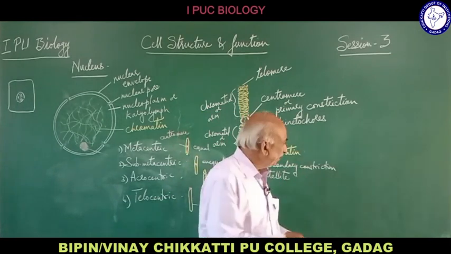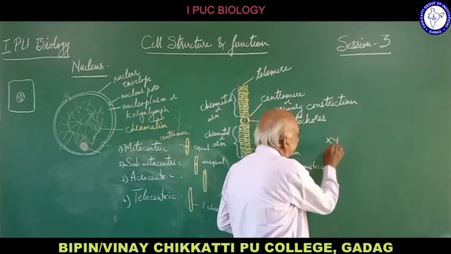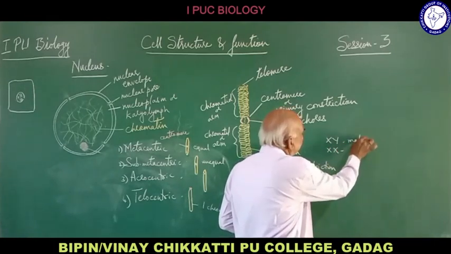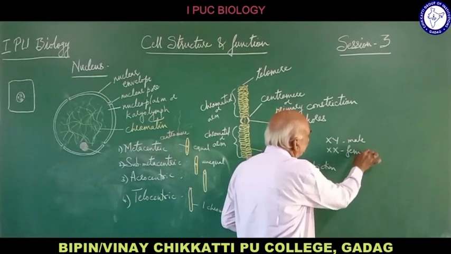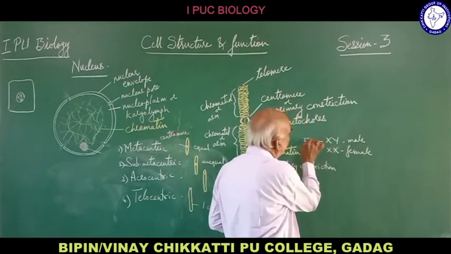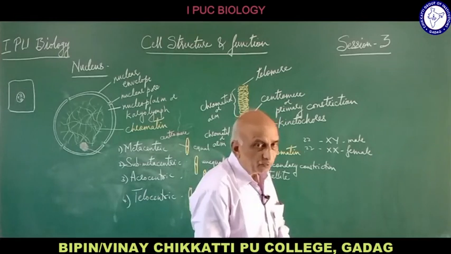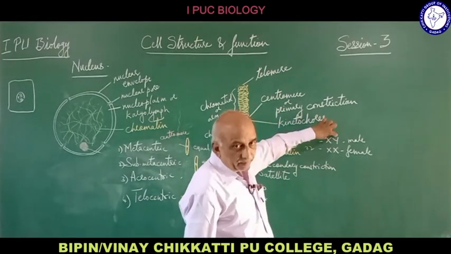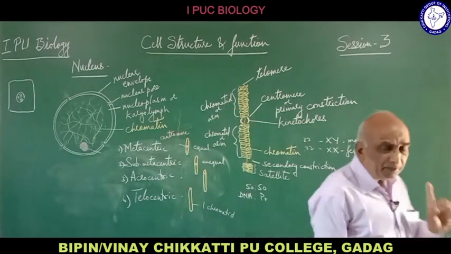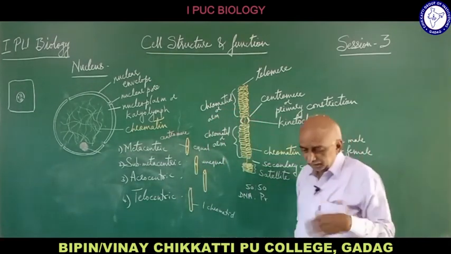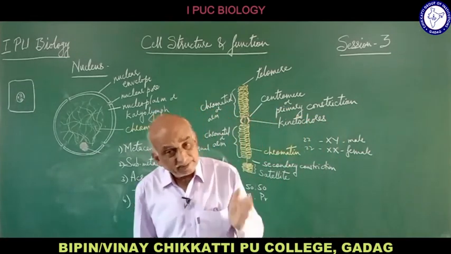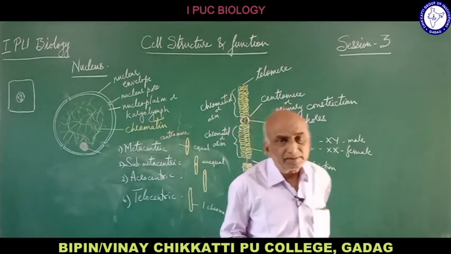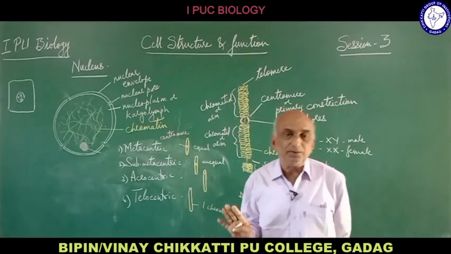In male there is XY chromosome, in female there is XX chromosome. So that means these chromosomes are different from the remaining 22 pairs. So totally there are 23 pairs, 22 pairs, and this is the 23rd pair. So one pair only differs in male and female. The remaining 22 pairs are the same in male and female. So they are not concerned with the expression of the sex of the individual.